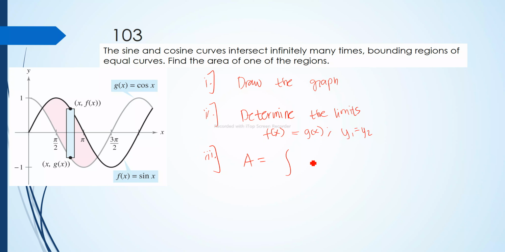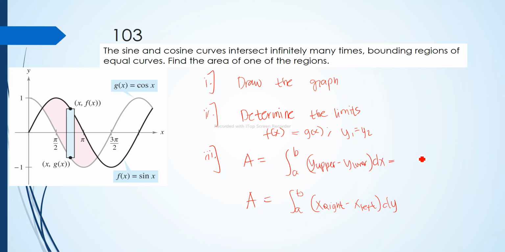So we will have the integral of y upper minus y lower dx from a to b for the vertical strip, or the area is equal to the integral of x right minus x left dy from a to b.